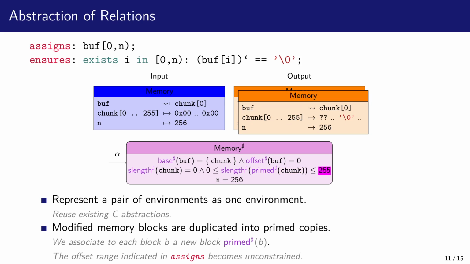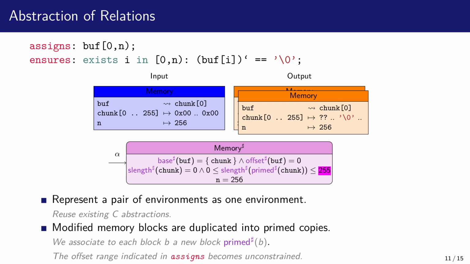And naturally, when we apply a filter on primed expressions, this is automatically reflected on the primed version. So we see that the length of the primed chunk decreased because we ensured that there is actually a null byte somewhere in this buffer, in the output state.